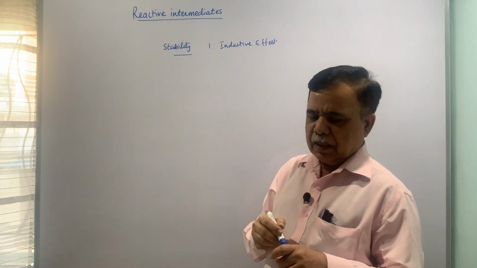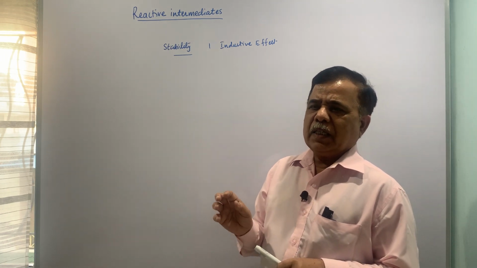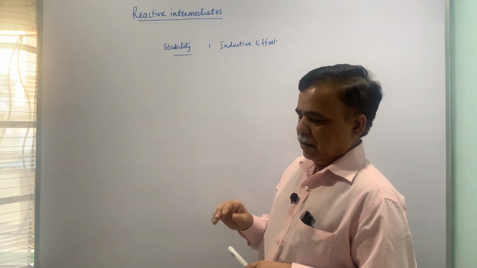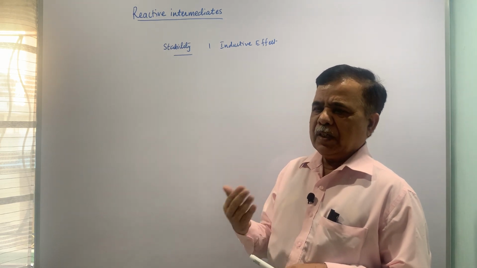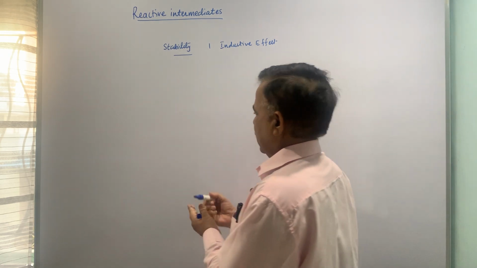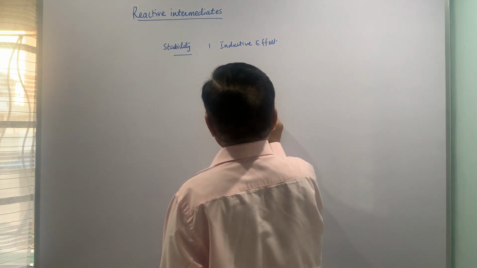Now plus I effect stabilizes carbonium ion because it can neutralize the charge up to a certain extent, and plus I effect will stabilize, minus I effect will destabilize the carbonium ion.